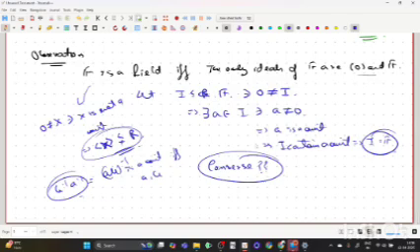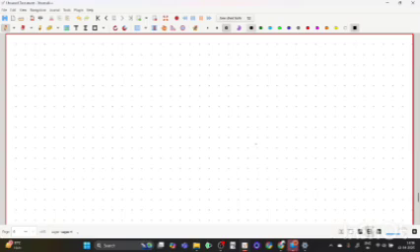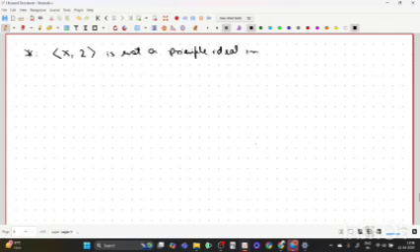Let us prove the next thing. It's also a very important observation. All of these will come to us when we talk about some special domains. This is very important: the ideal generated by the elements x and 2 is not a principal ideal in Z[x]. Let me give a brief hint here.